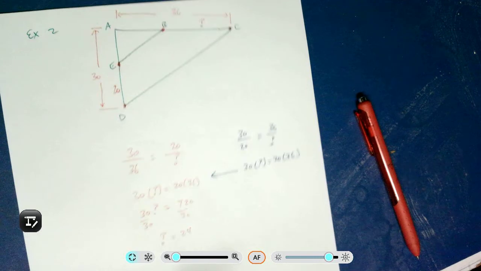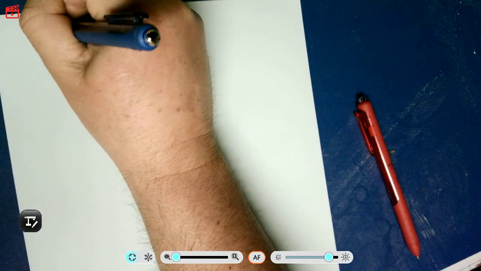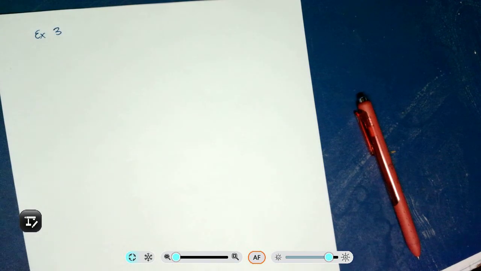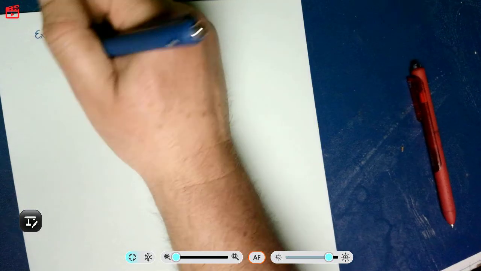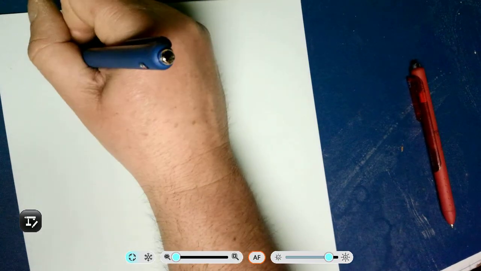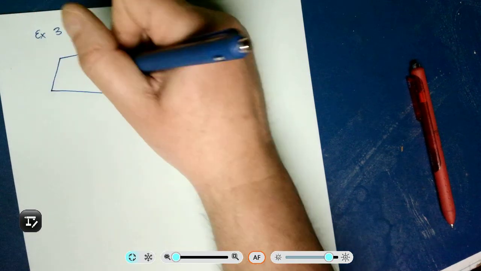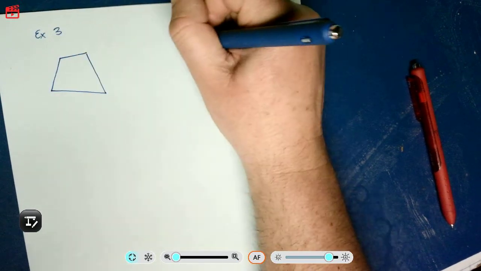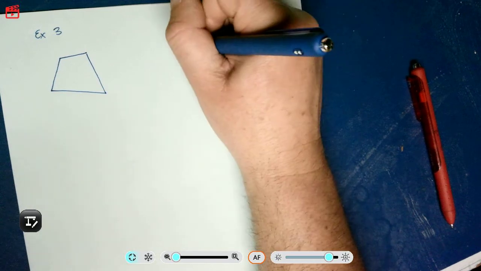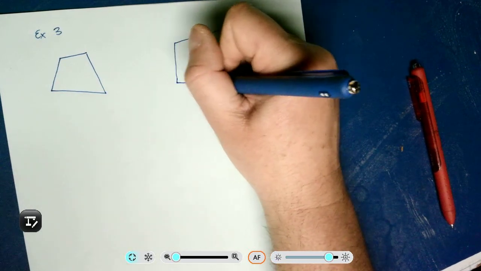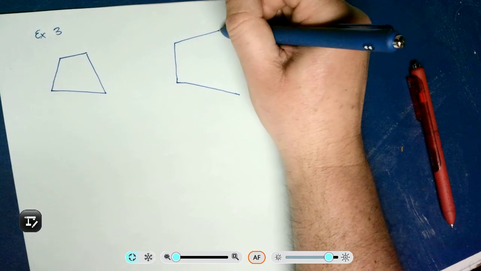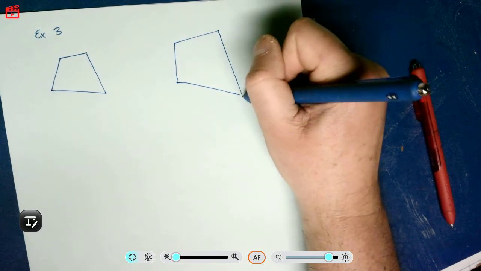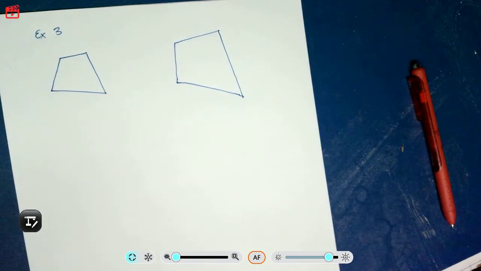All right. One more problem I'm going to do. Example 3. Now, let's say we have a quadrilateral. So one quadrilateral will look like this. And the other quadrilateral, which we're going to assume is similar, even though I might not draw them looking similar.